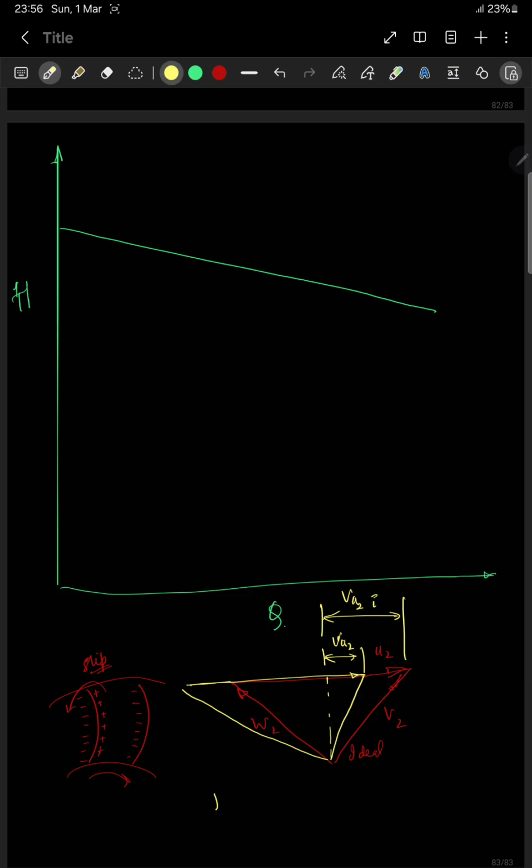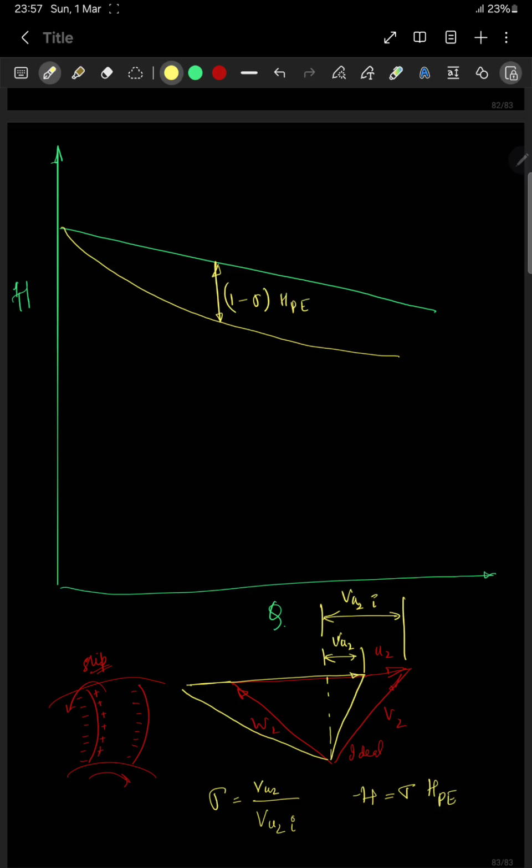So we have slip factor as Vu2 actual by Vu2 ideal, right? So actual head will be this into H theoretical. So because of slip the head will decrease, so this distance will be 1 minus sigma times H theoretical, right?